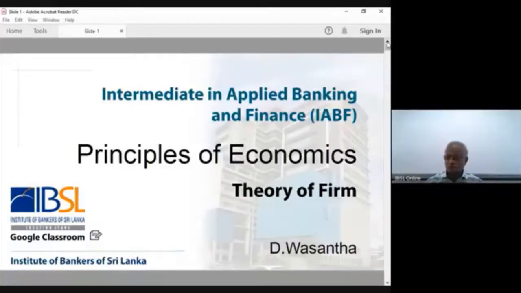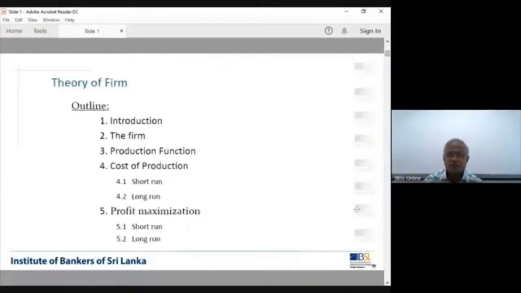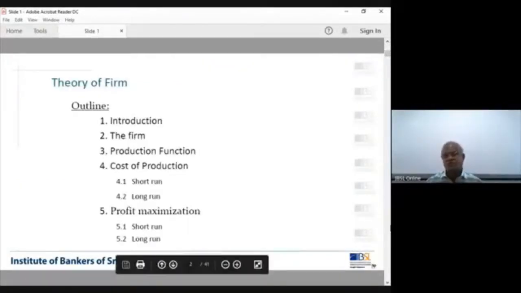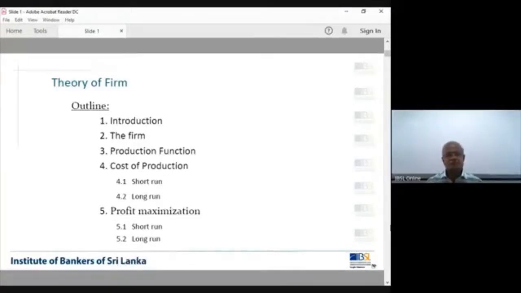So now we'll start the first few sessions. As I said earlier, the firm. What is the firm? Now this is the outline of my presentation. Introduction. We discuss the firm. Here we are going to discuss what is a firm, the types of firms, the objective, and the differences of these various types of firms. Then the production function.